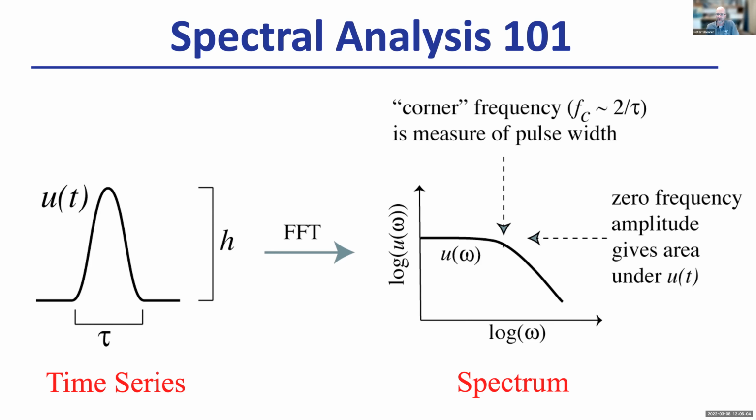But then we also see you have a change from the flat part of the spectrum to the part that starts falling off. And that, of course, is related inversely to the pulse width.